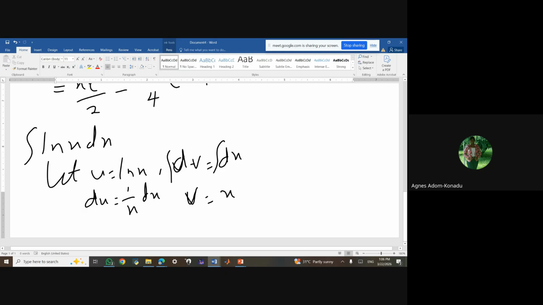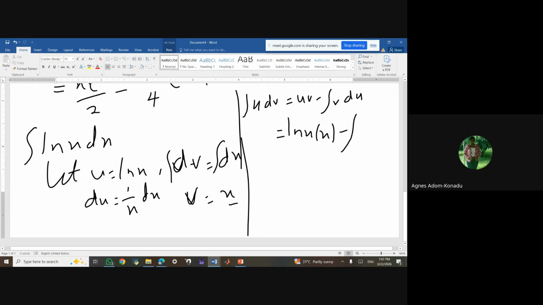I go back to the formula. The formula is integral of u dv is equal to uv minus integral of v du. So my u is ln x, my v is x, minus integral of my v is x, my du is 1 over x dx. That's my du.